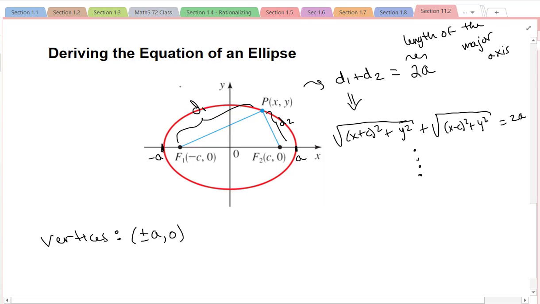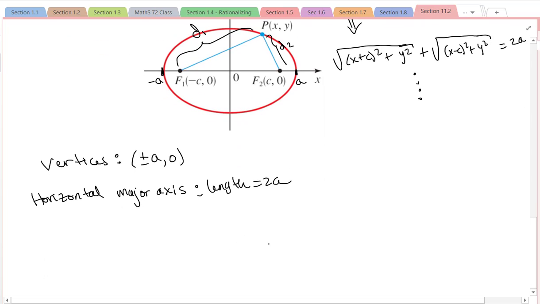And in this case, for something like this, we have a horizontal major axis. So if you have a horizontal major axis, the length is 2a. Actually, even for the vertical major axis, the length will still be 2a.